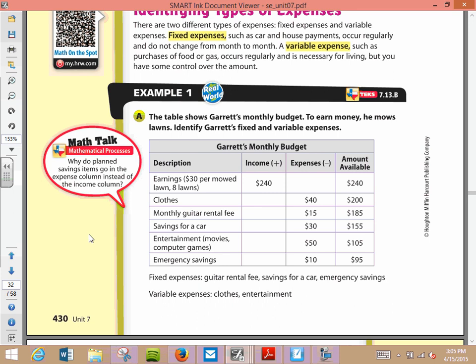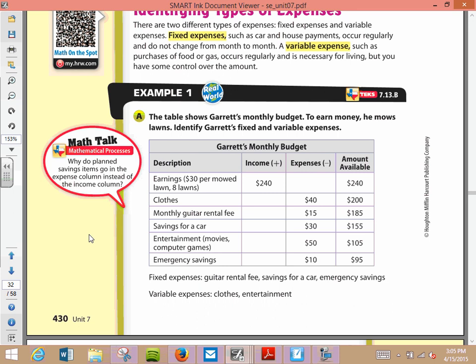Expenses are things that you have to spend your money on, like rent, utilities, cable, phone bills, entertainment. Whatever money comes out of your pocket is called an expense. Income is the money that you get for babysitting, for tutoring somebody, for doing this or that. You're getting paid. That's called income.